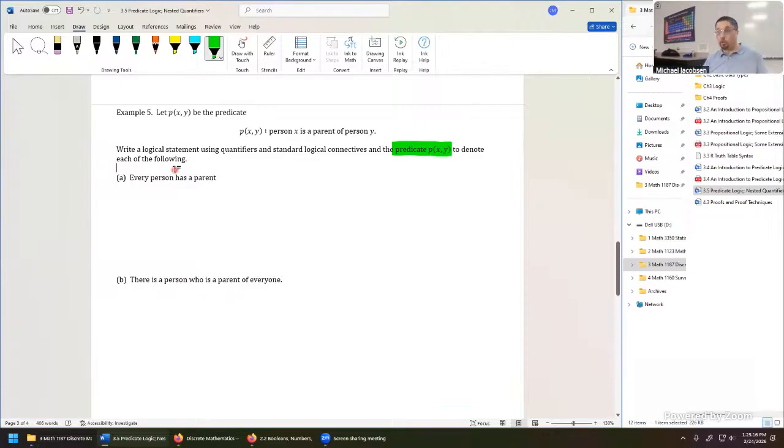One thing that's missing before we even get started is, what is the domain of discourse? That's the very first thing we want to put down before we try to quantify any one of these statements. So let's begin right there. Let's start by saying U is going to be the set of all people, because the relationship is person X is a parent of person Y. We mean alive or dead, so living or deceased, however you'd like to say it.